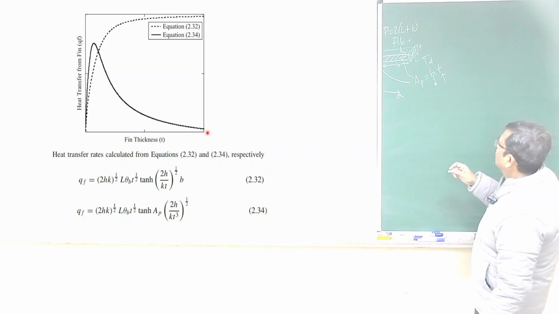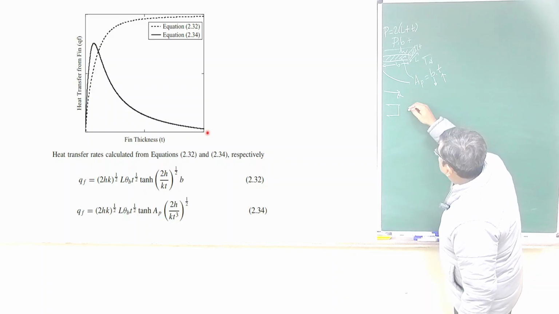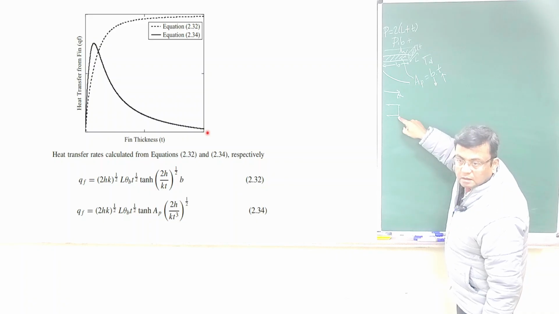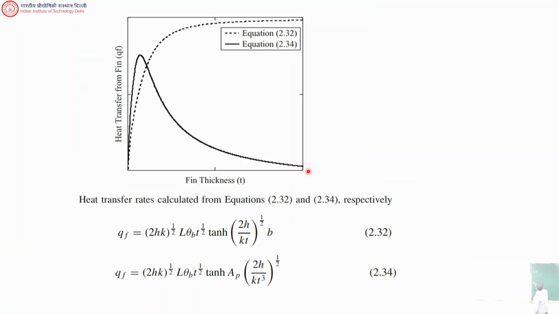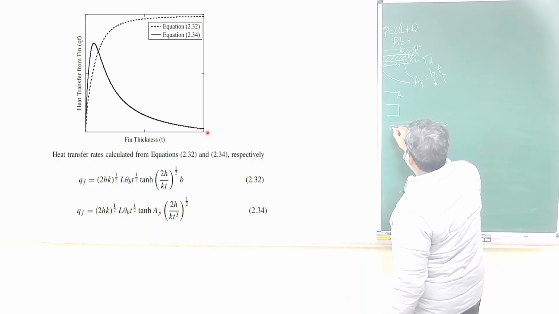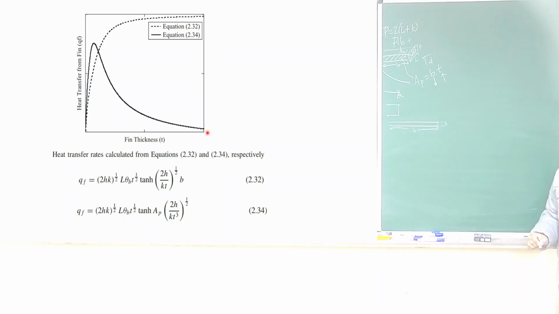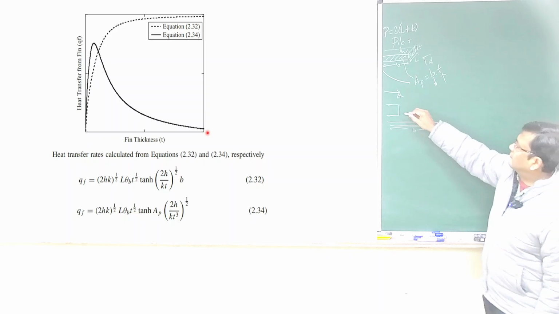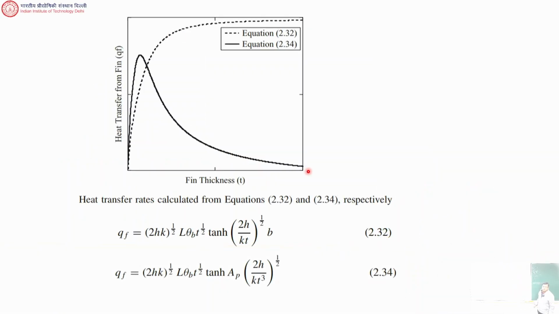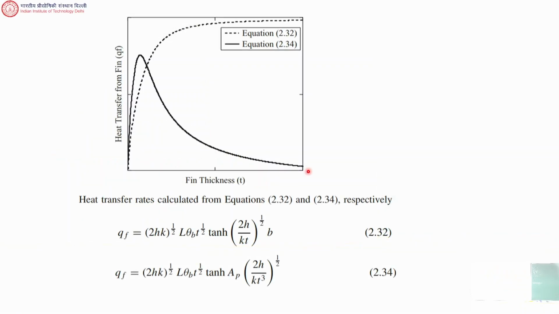You have a thick fin with small length, and then we also have a thin fin with a much larger length. Okay, large fin thickness is at the right hand side, and this one is at the left hand side of this plot.